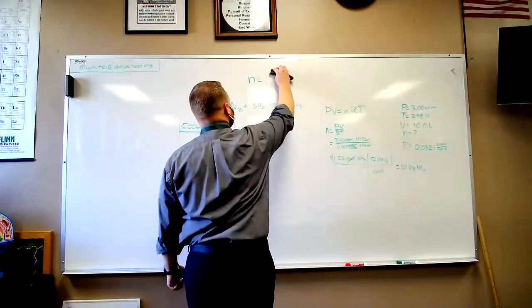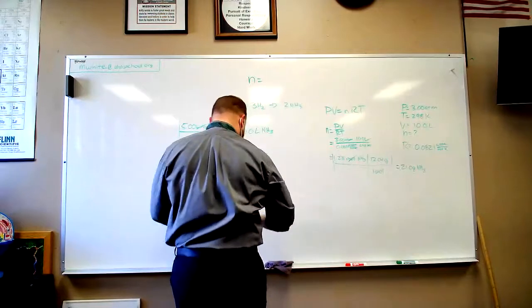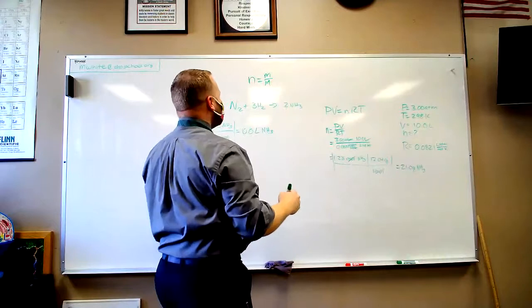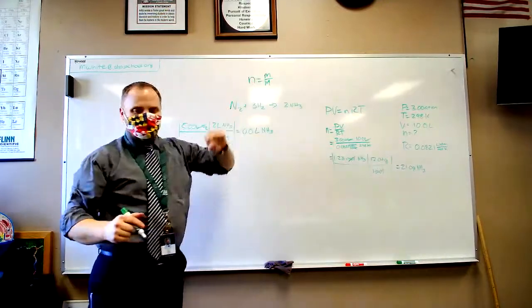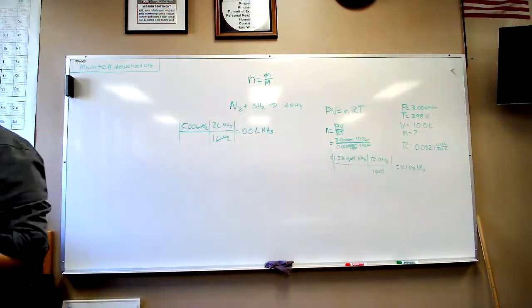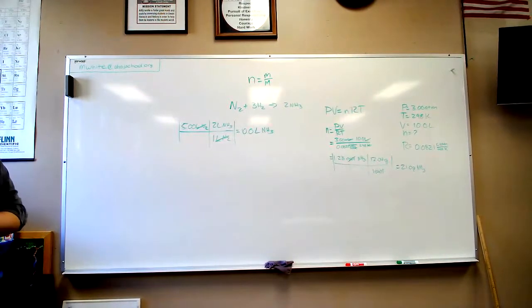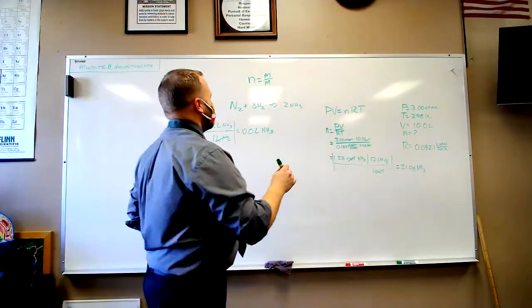It looked weird to me, that's why I was double checking. Because we have the actual mass, which is going to be the little m, divided by the molar mass, which is capital M.